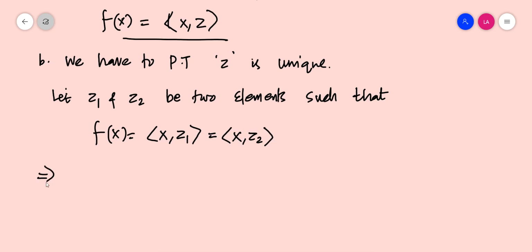Now we have to prove that z1 and z2 are the same. So this linear functional is determined by z1 as well as z2. We have to prove that z1 is equal to z2.